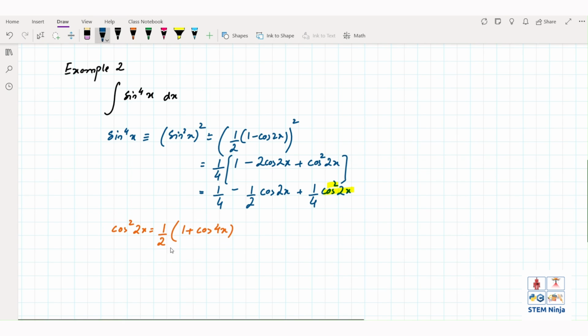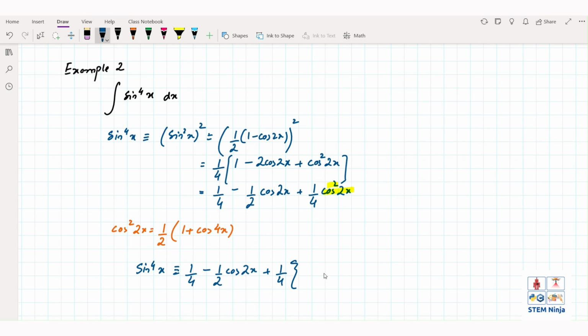When we plug it back into the sine to the power 4 form, this becomes 1 over 4 minus 1 over 2 cos 2x plus 1 over 4, 1 over 2, 1 plus cos 4x.